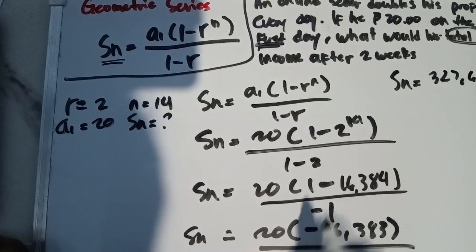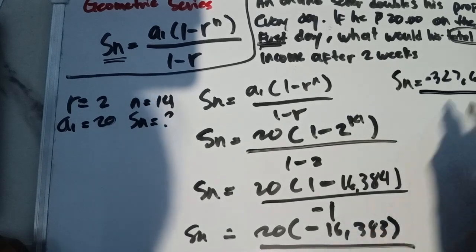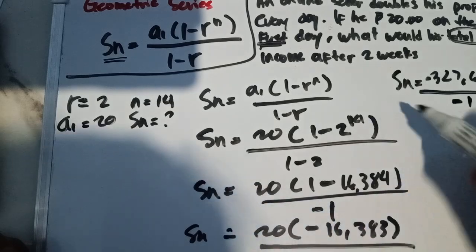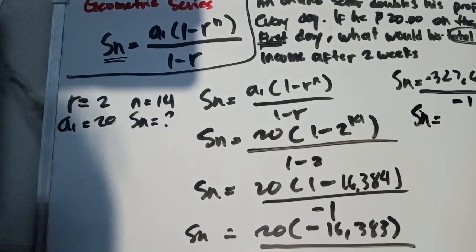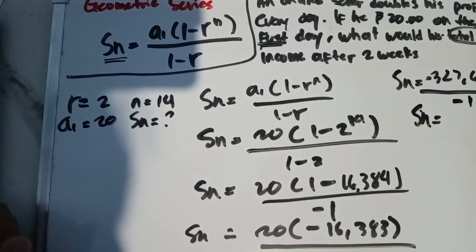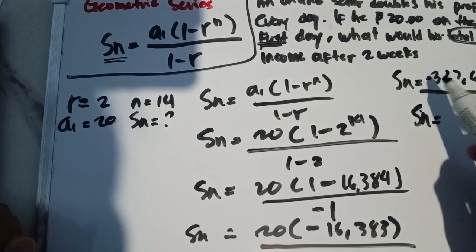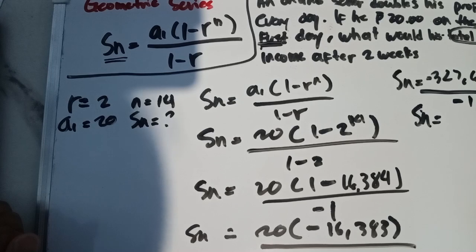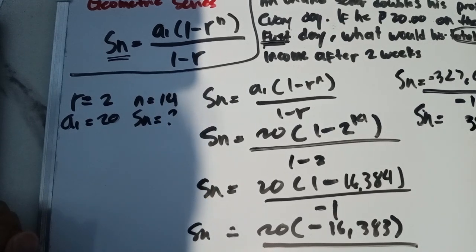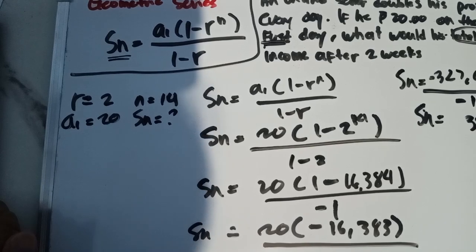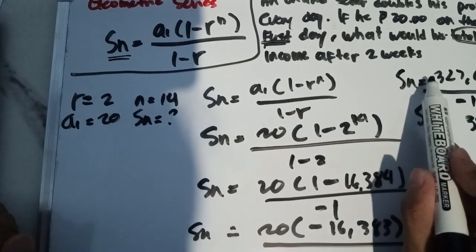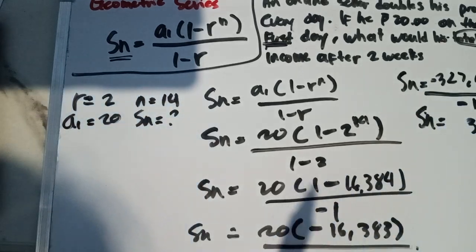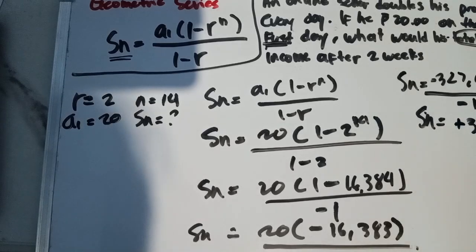Since we multiply positive to negative, this will become negative, over negative 1. Whenever we divide a number by 1, the answer will be the same as the number. So negative 327,680 divided by negative 1 is 327,680, and since both signs are negative, we will have a positive value.